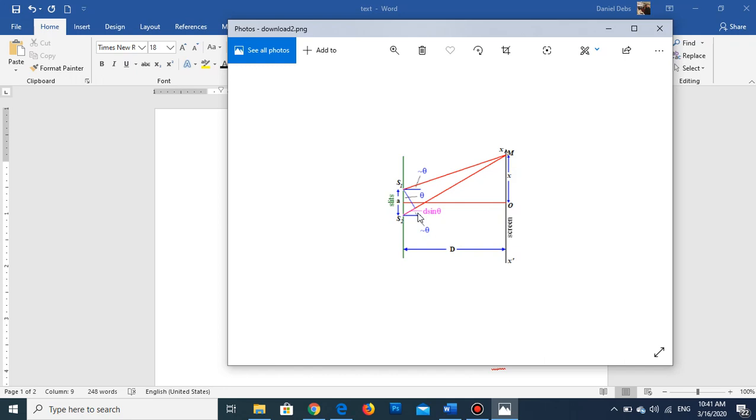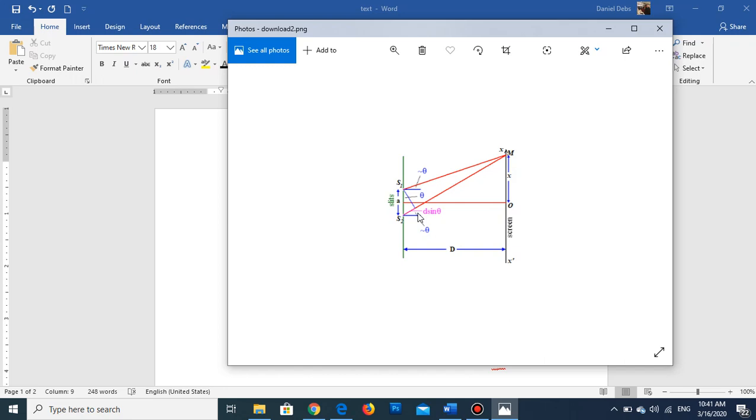In this setup, which I call Young's setup, SS2 equals SS1, which means that delta M must be equal to D2 minus D1, and SS2 minus SS1 is 0. This is delta M.